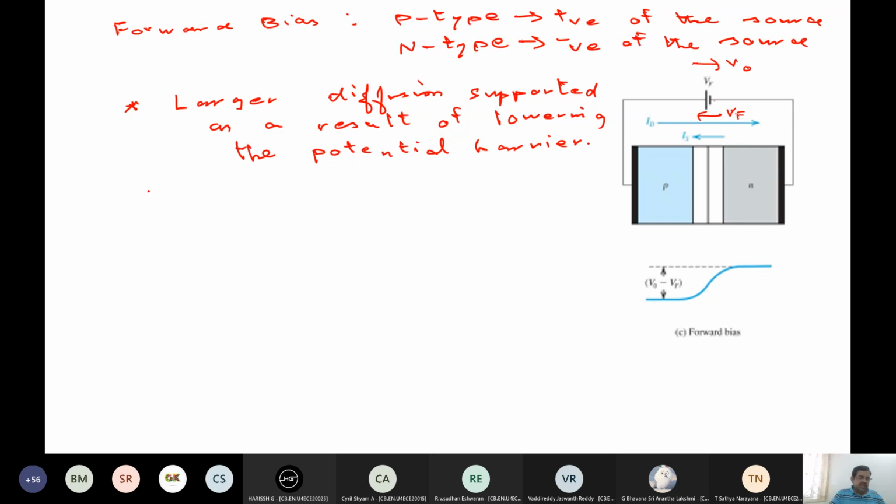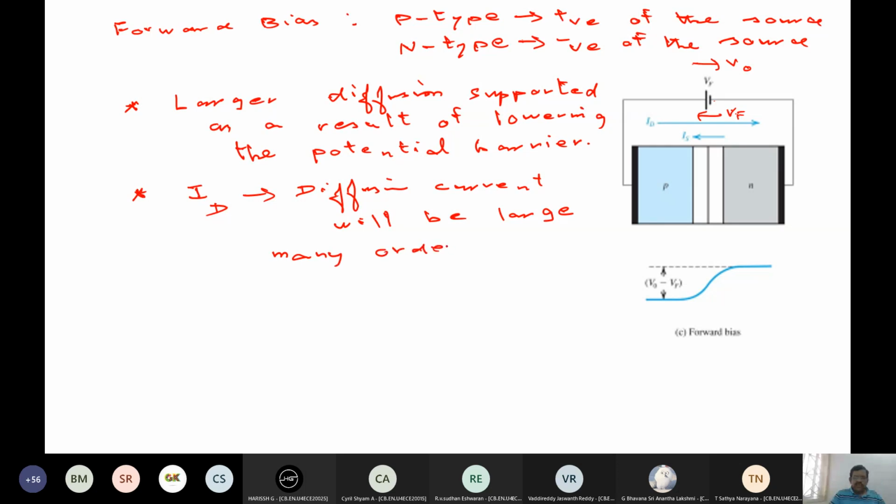The second point which I want you to understand: definitely ID, the diffusion current, will increase. Diffusion current will be large, many orders greater than the drift current, as I told you already.